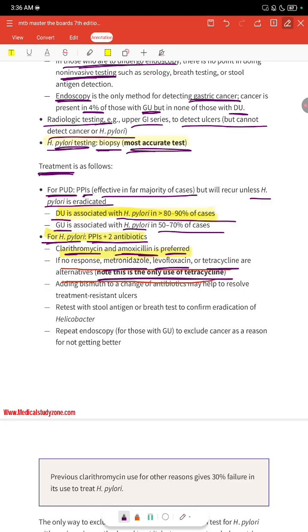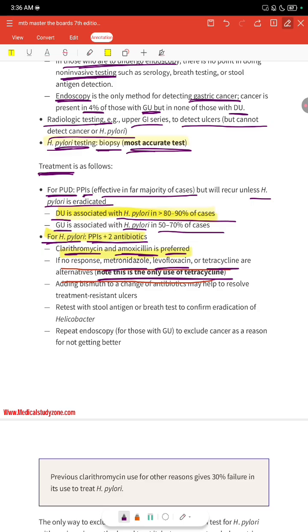So, the triple therapy contains PPIs plus 2 antibiotics. Clarithromycin and amoxicillin are usually preferred. One is a macrolide, clarithromycin, and amoxicillin is a penicillin.